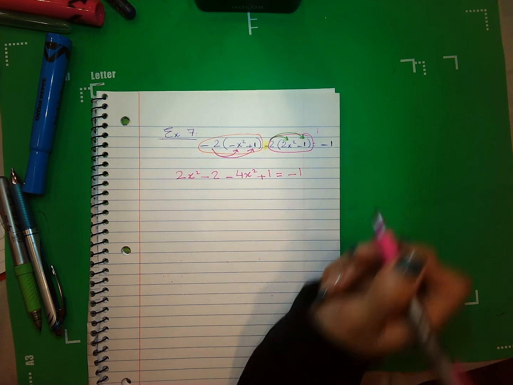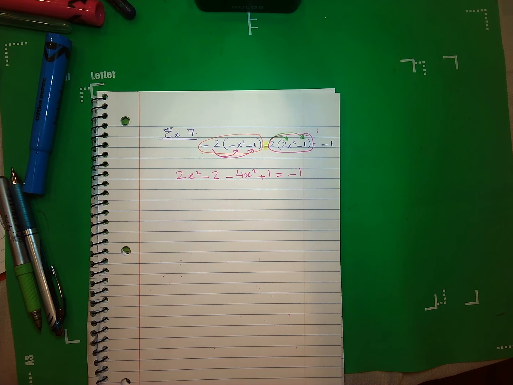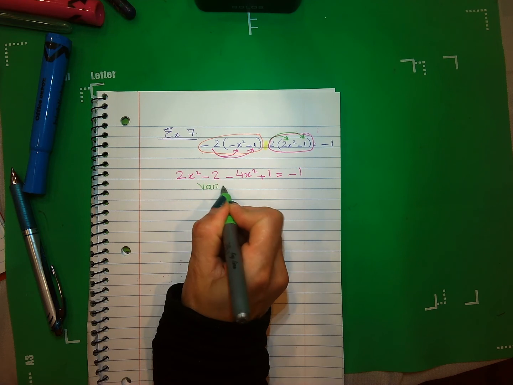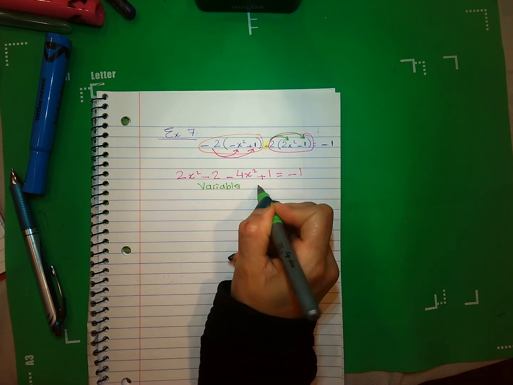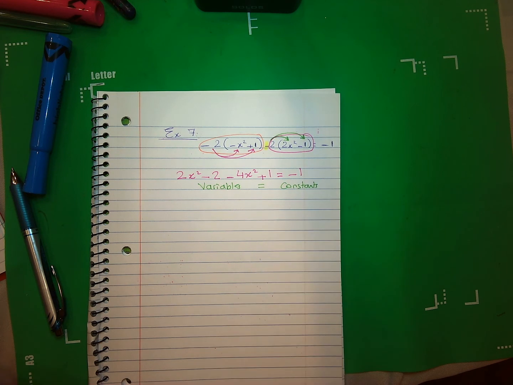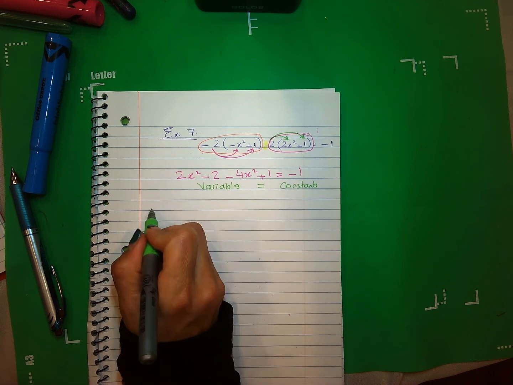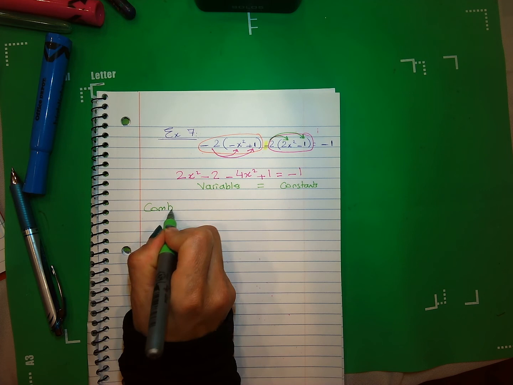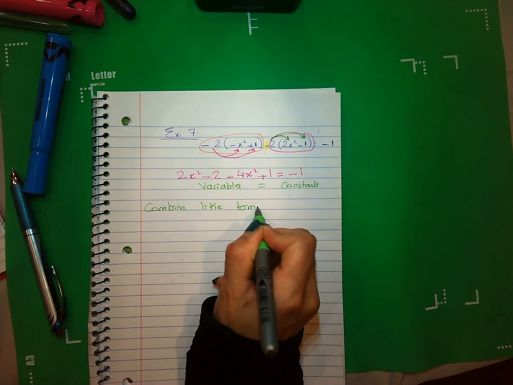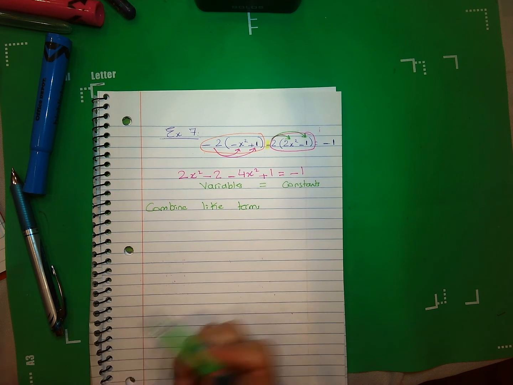All right, so what do I do next? I have to make sure that I have the variables on one side equal to the constants on the other side. But when I look at this, I notice that I have to first combine like terms before moving them to the other side.